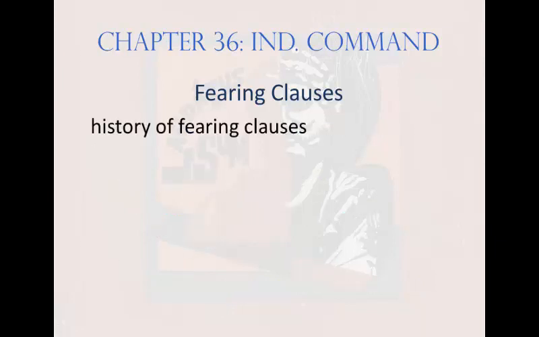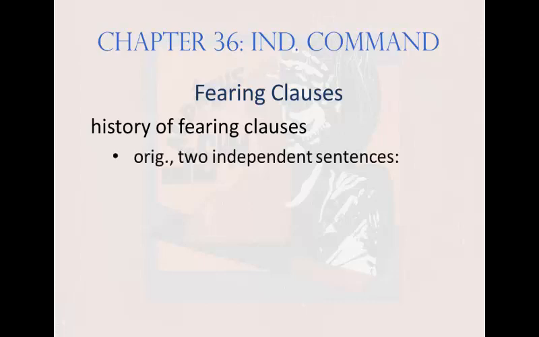The only thing really exciting in all of this is the history lying behind fearing clauses. In particular, why ut and ne are reversed. Here's the reason. Originally, the main sentence and the fearing clause were two separate statements, each with their own independent grammar.